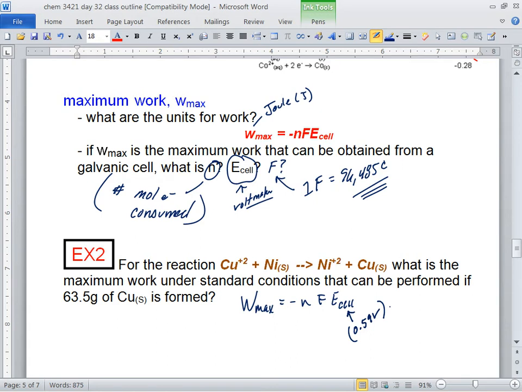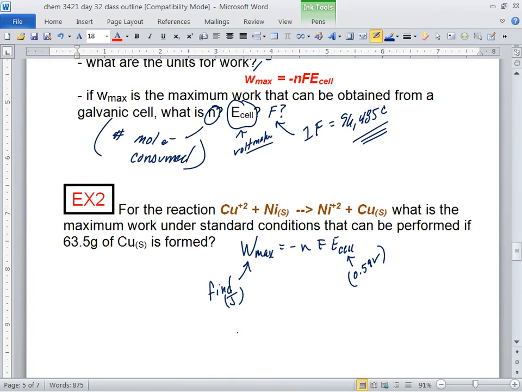All right. And W max is what we're trying to find. And what will be the units of our answer? Joules. So we'll find that. Okay. How about n or F? Desiree, which one's a little bit easier? F is going to be 96,485.